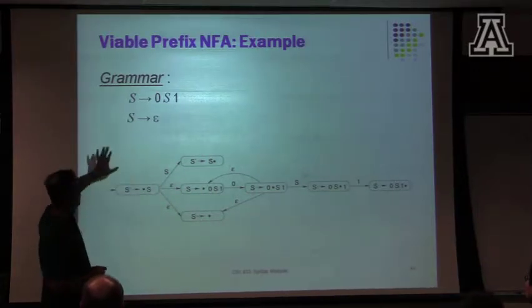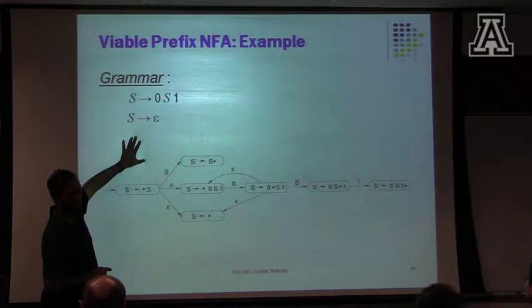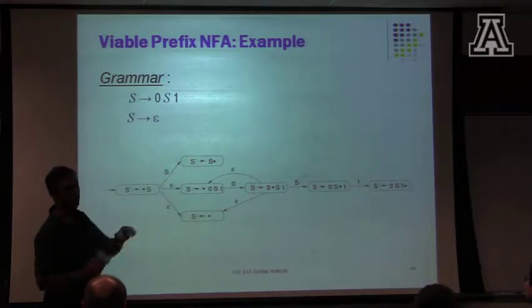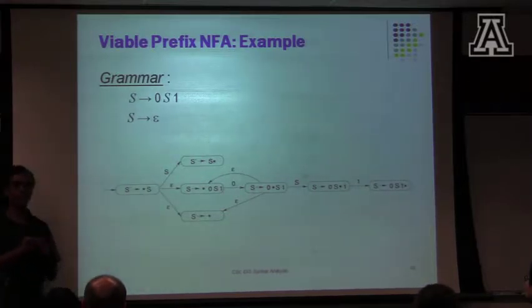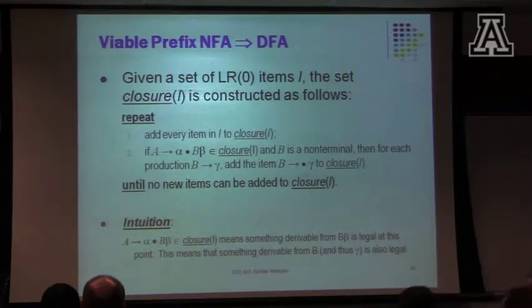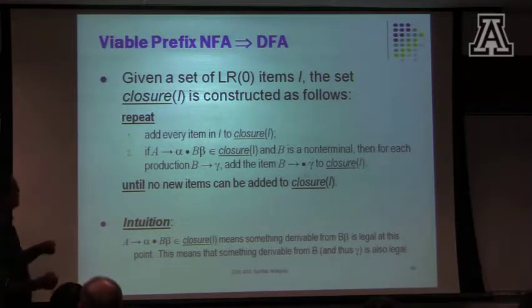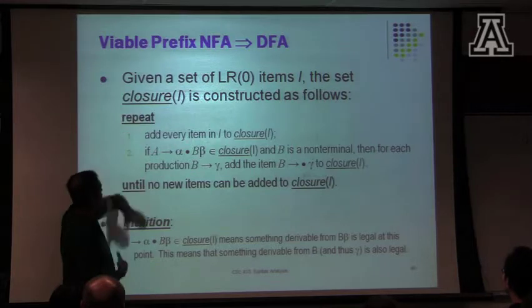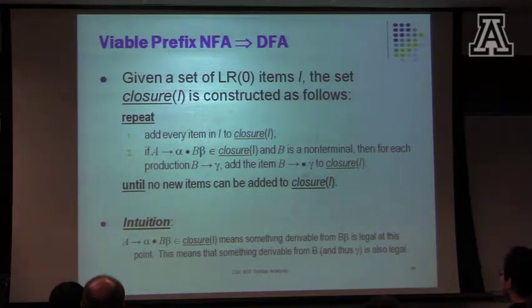And so when I go from the non-deterministic automaton to the deterministic one, each state in the deterministic automaton is a set of items. That's what I'm talking about over here. If I have a set of LR0 items, how do I work with that set? Here's the notion of a closure on that set of items. This is the analog of epsilon closure in the subset construction.